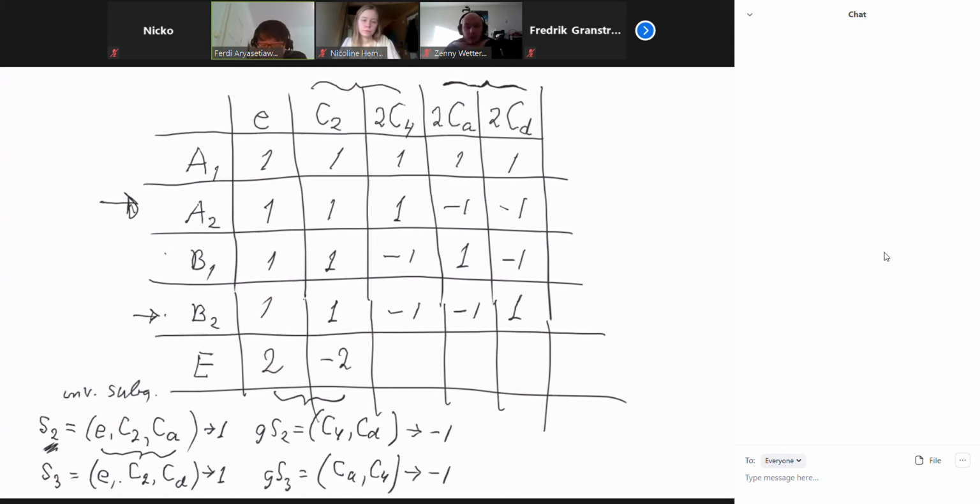We also multiply this 2 here. Then this must be equal to 0, because this is 1 plus 1, which is 2, and then -1 -1, so it's 0. And the same here, 0 and 0. So we have constructed the character table.